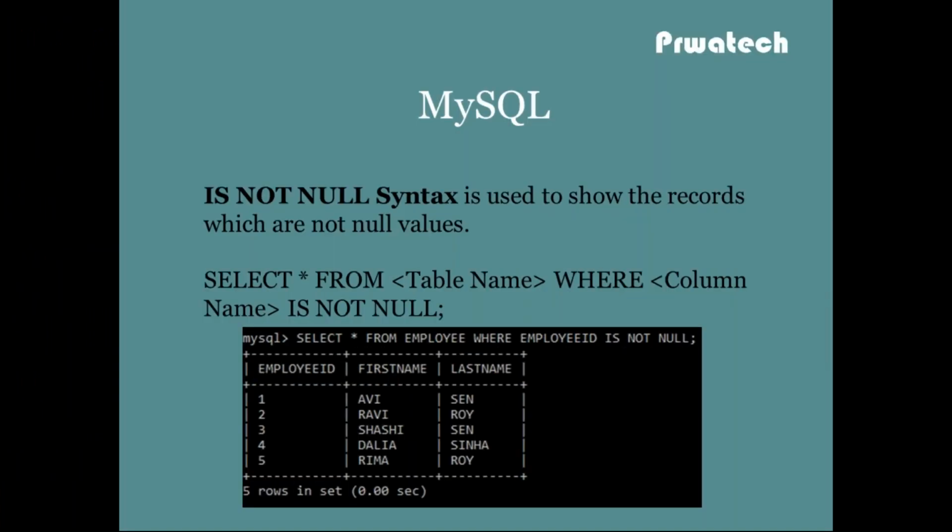Okay, the IS NULL syntax is very useful because it helps in checking the columns which have null values in the table. IS NOT NULL is again a very important keyword. And what is the syntax here? Select star from table name where column name is not null.